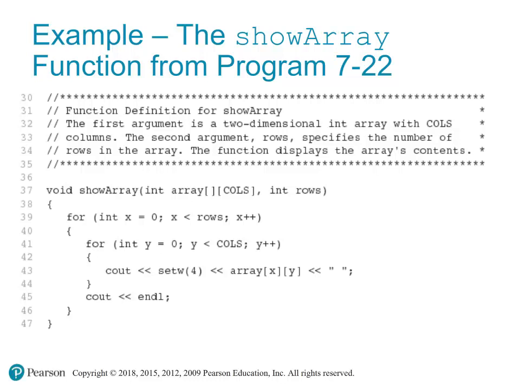And the nested for loops are used to traverse each element in the array, row by row and column by column. The setw(4) sets the width of the field to 4 spaces, aligning the output neatly.